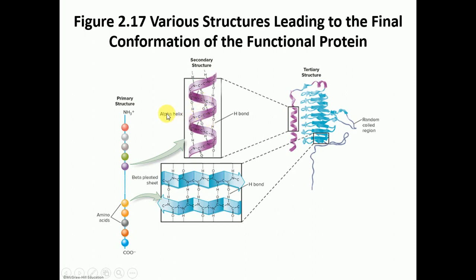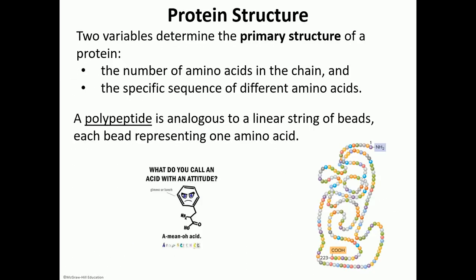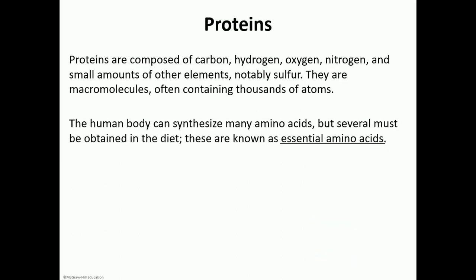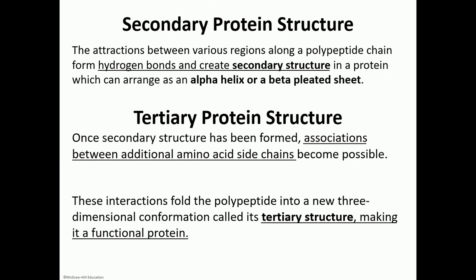And that could lead to either an alpha helix, so basically twisting, or what is known as a beta pleated sheet. It's kind of like when you make a fan out of a sheet of paper. So these hydrogen bonds tend to happen in between amino acids that are not neighbors. So we call them non-adjacent amino acids. Okay, so again, these hydrogen bonds between non-adjacent amino acids can lead to the secondary structure of either an alpha helix or a beta pleated sheet.